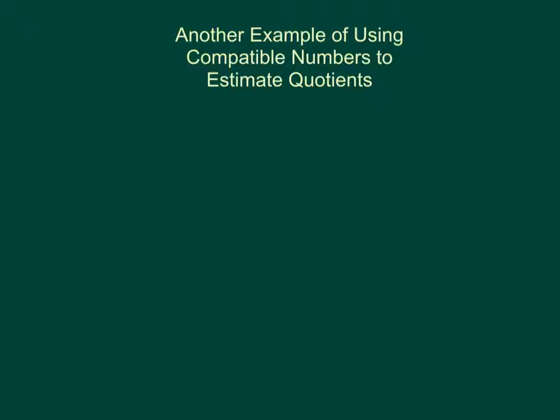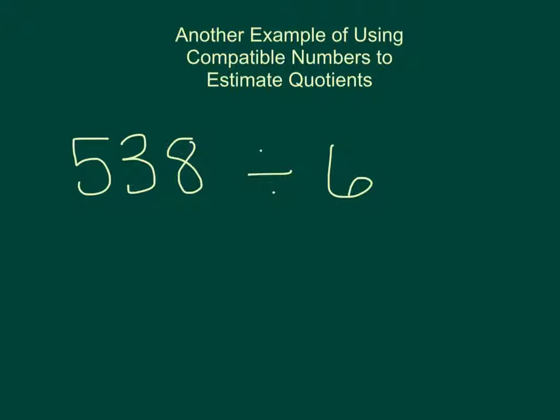Let's use another example. If I have 538 and I want to divide by 6 using compatible numbers and estimating the quotient, I'm going to, again, round to the nearest 10 in this situation, because if I round that 8, it is going to make my 3 turn into a 4.